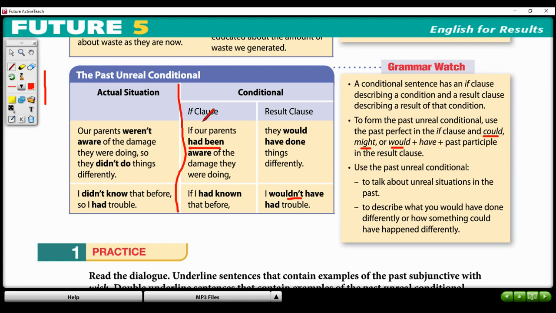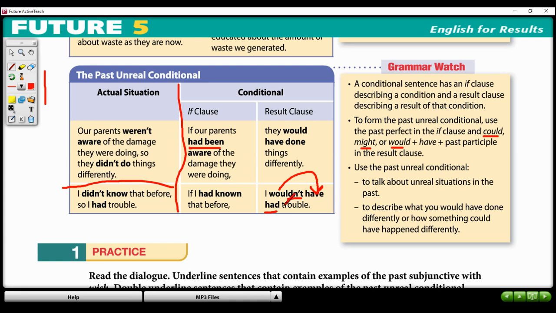So the if clause, if our parents had been aware of the damage they were doing, the result, they would have done things differently. Here's another situation. I didn't know that before, so I had trouble. If I had known that before, I wouldn't have had trouble. And don't forget here, after a modal, we use the base form of the verb and then the past participle.